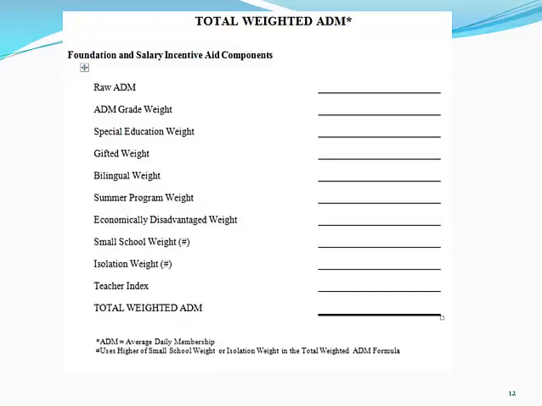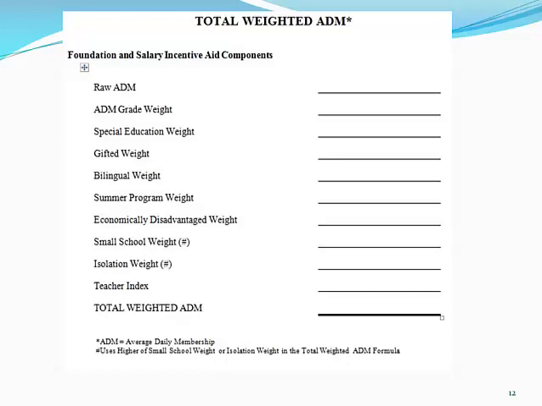And when the formula was created back in the 80s, the legislature put weights into the formula. And so we have grade weights and we have student weights. We also have a little bit in the small school and isolation weights and the teacher index weights. We're going to put all these in, and this is an equity piece in the formula.